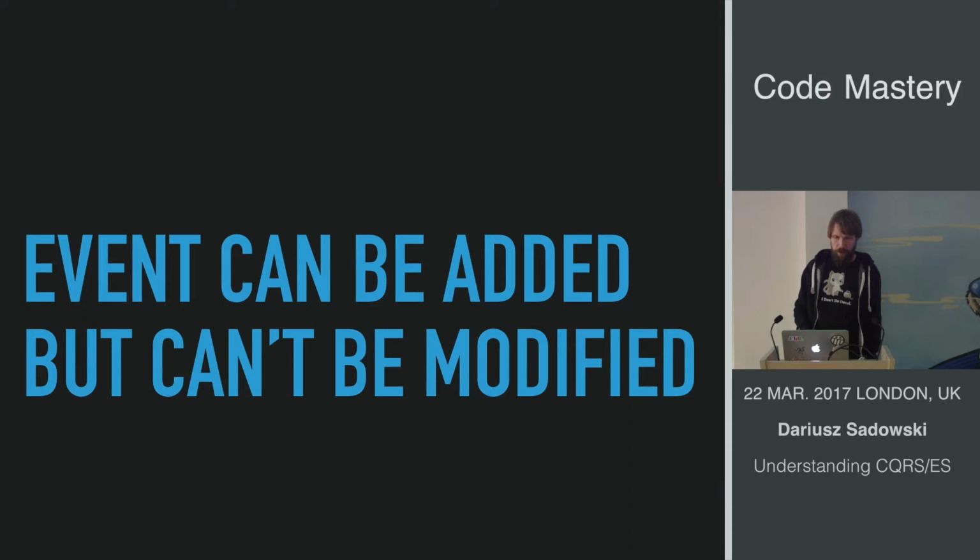And events can be added, but they cannot be modified. We cannot modify facts, we cannot modify the past, like in real life. That's why with event sourcing, events can only be added, and the storage is simply a list of events in the context of the domain object the event happened with.